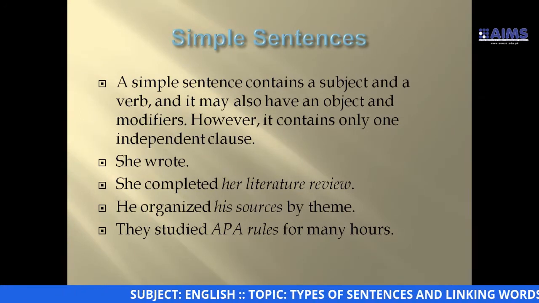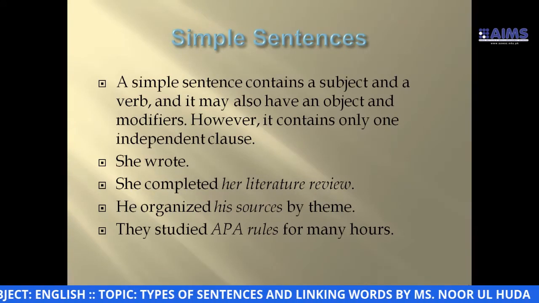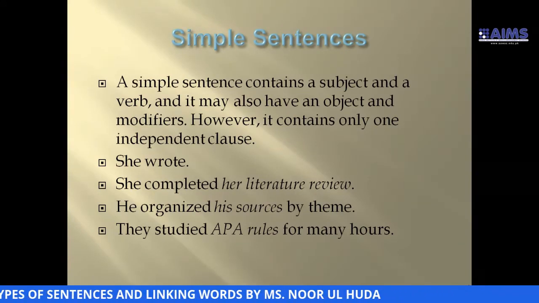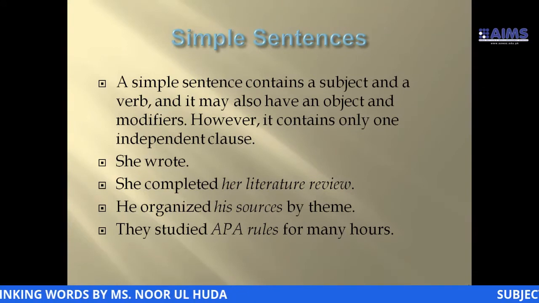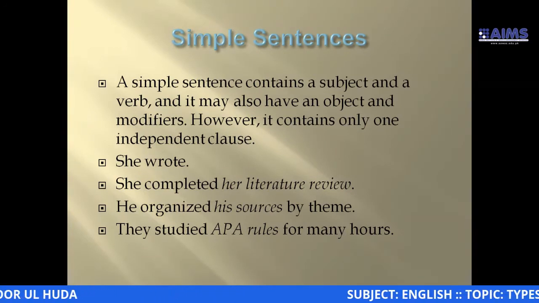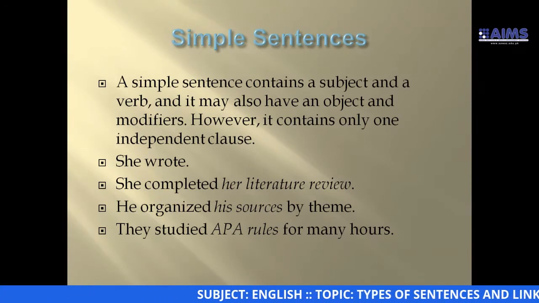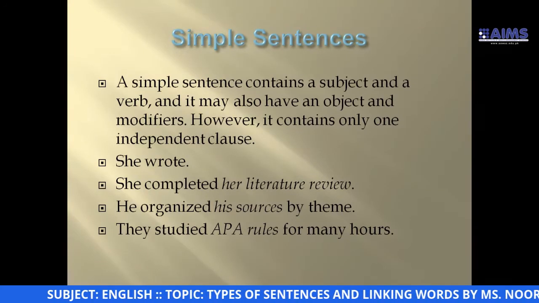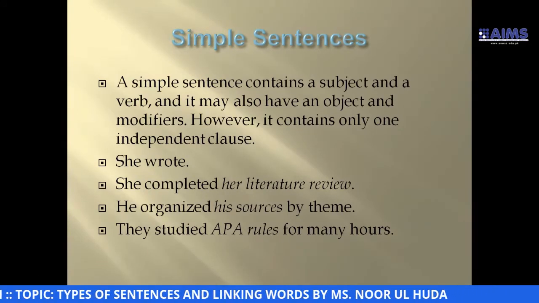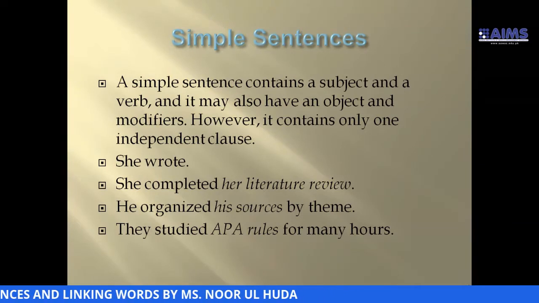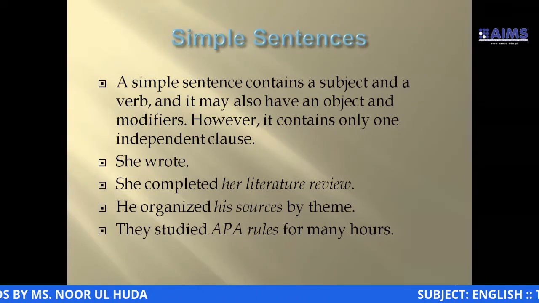Now Sarah and Hira are both subjects, but they refer to the same verb. So it wouldn't be called two independent clauses. It would be called a single independent clause. That is why we call it a simple sentence.